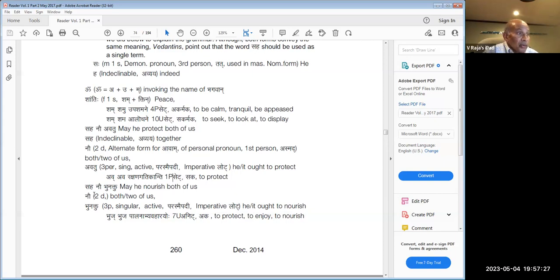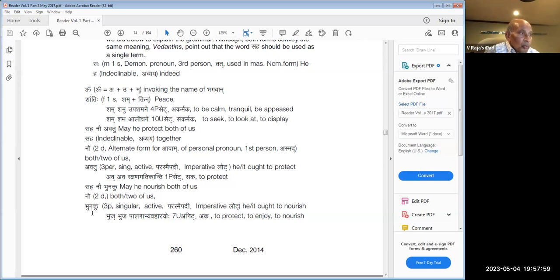Nau is the dual. The first person and second person pronouns, you could refer to male or female, and I could refer to male or female, so they have no gender. So when you do the grammar, nau is the Dvitiya Vibhakti object, and it is dual, so both of us or two of us.